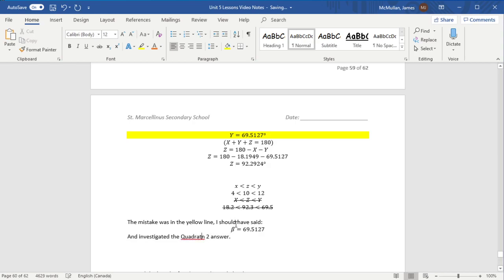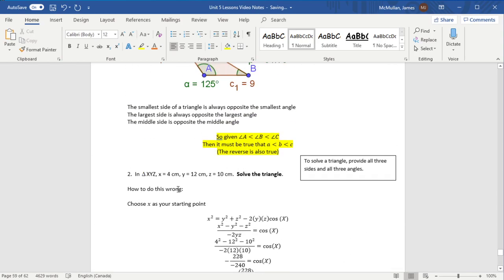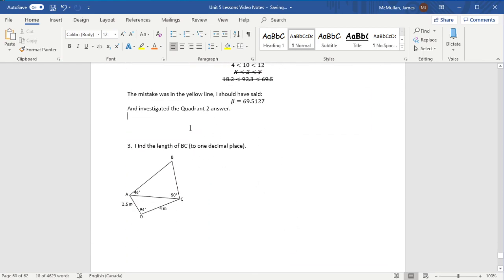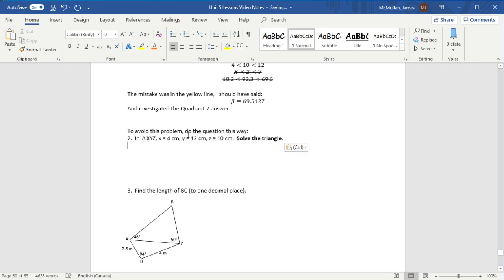Okay. Now, we don't want to do this in a cosine law question. So here's the beauty of the cosine law. Let's do the question again and avoid this problem. To avoid this problem, do the question this way.